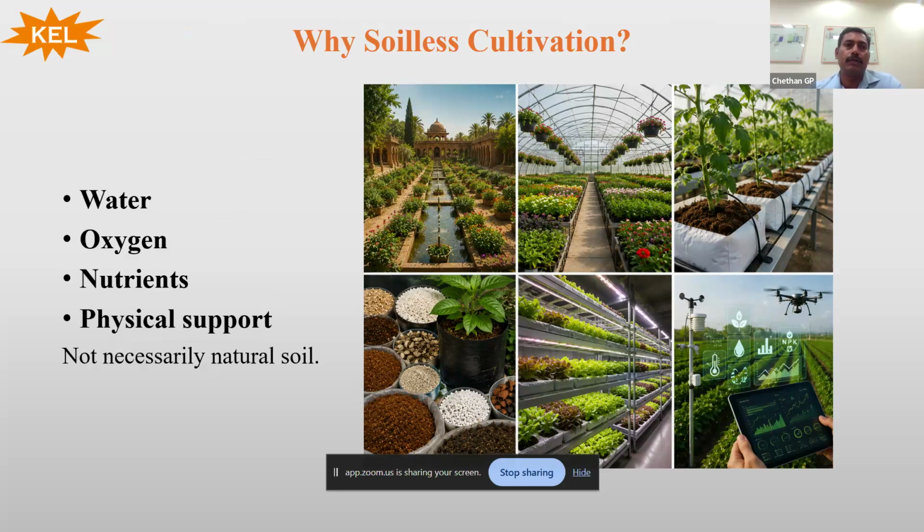Although soil has supported agriculture for thousands of years, it is not always an ideal growing medium. In many regions, soil suffers from compaction, which restricts root growth and limits oxygen availability. Compacted soils also reduce water infiltration, leading to poor drainage or waterlogging.